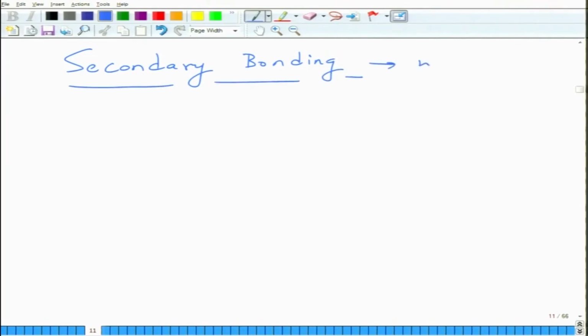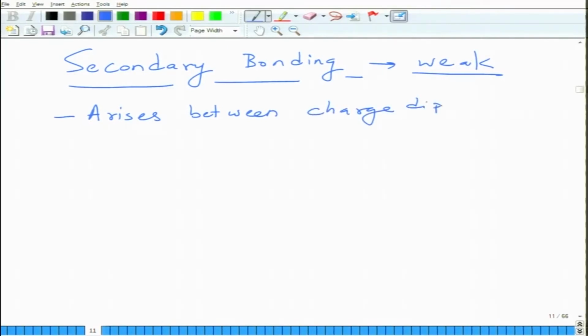This is basically weaker than the primary bonds, and this basically arises from interaction between charged dipoles on the surface.